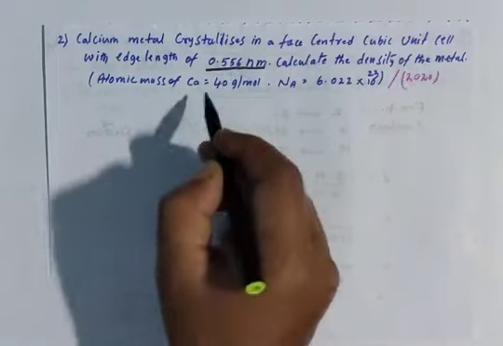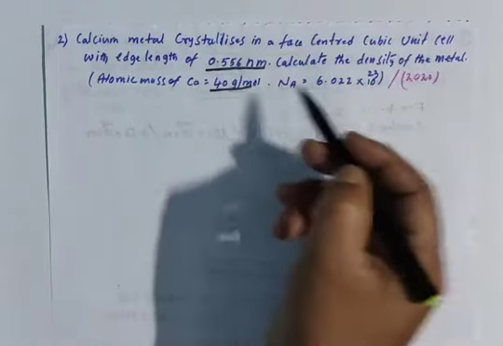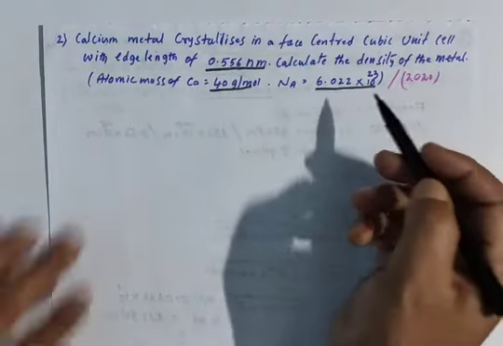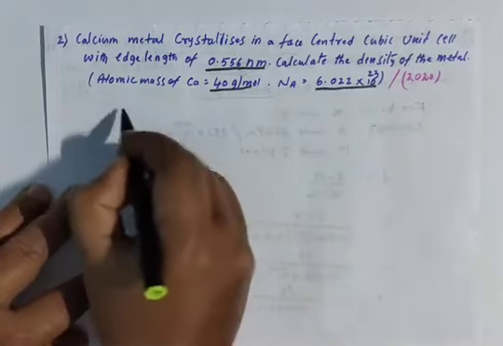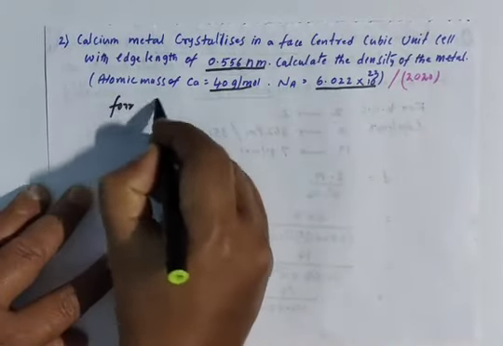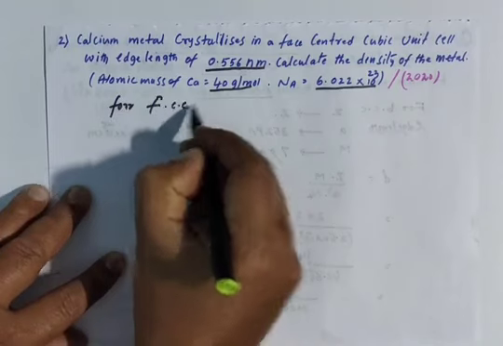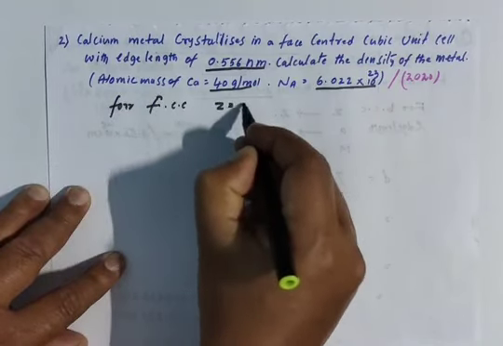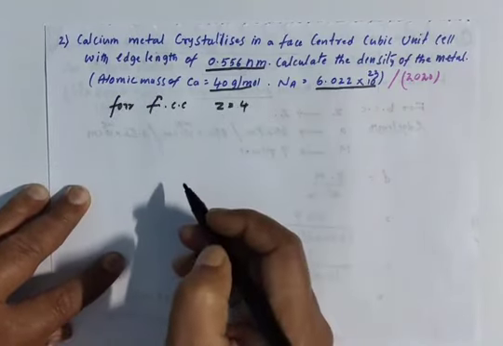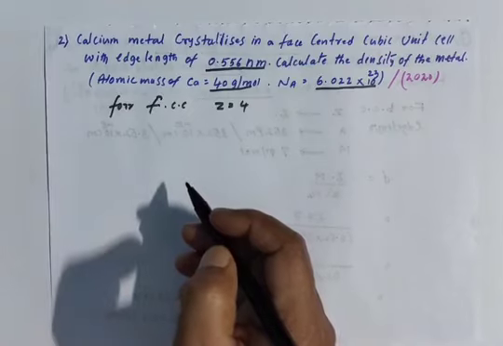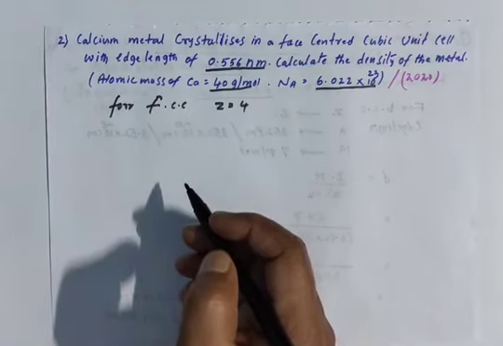Calculate the density, and the calcium mass is given, Avogadro number is given. Same problem, for FCC, face centered cubic cell, the Z value is 4.